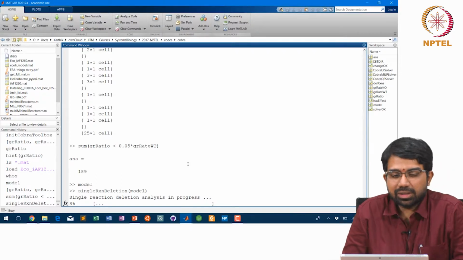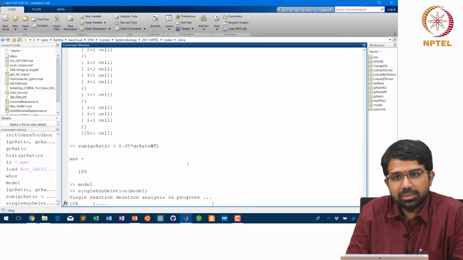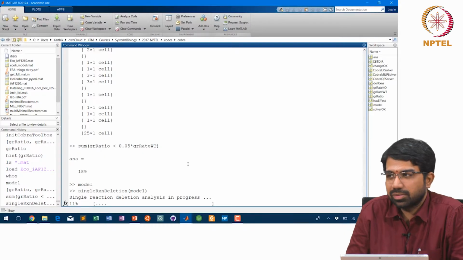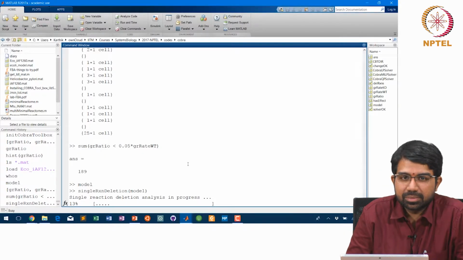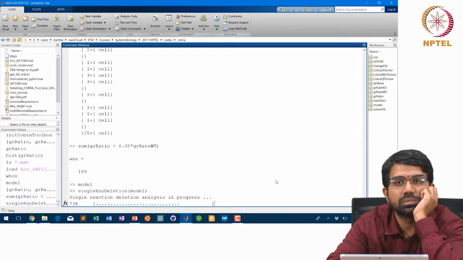Now, can you try out single reaction deletion? Is it much faster than what it is for me? How a single reaction and single gene is making a difference? In the sense? Single reaction deletion, single gene deletion in the code.